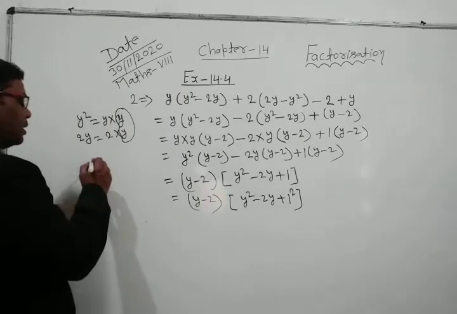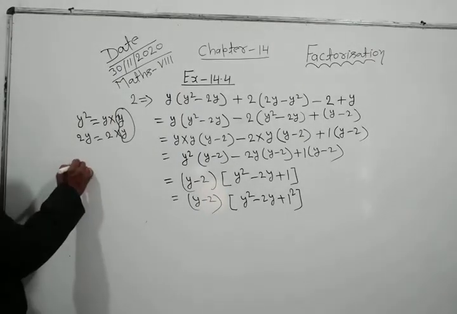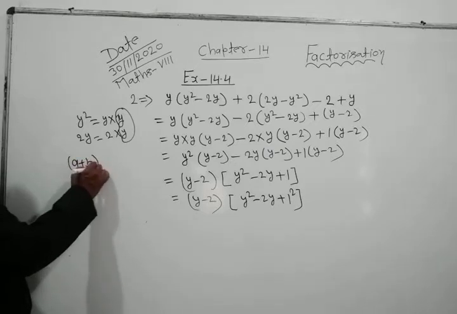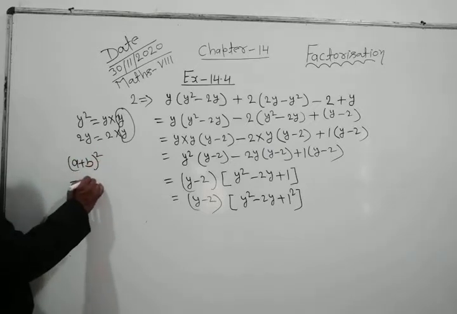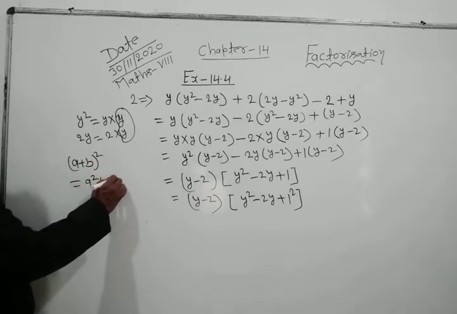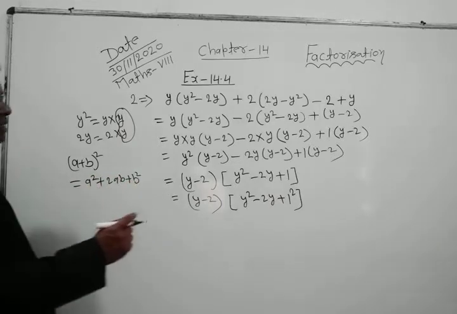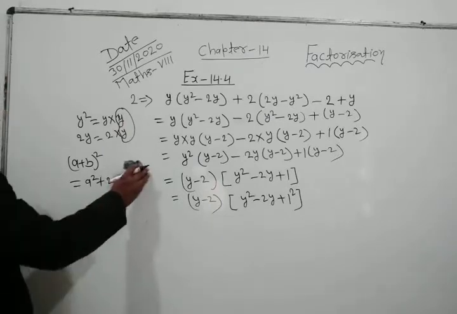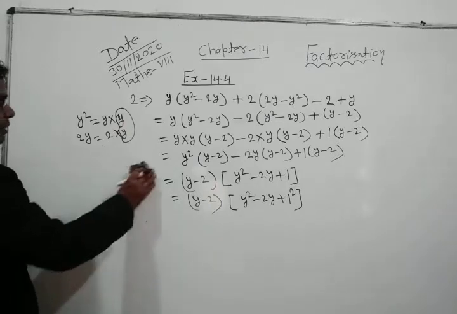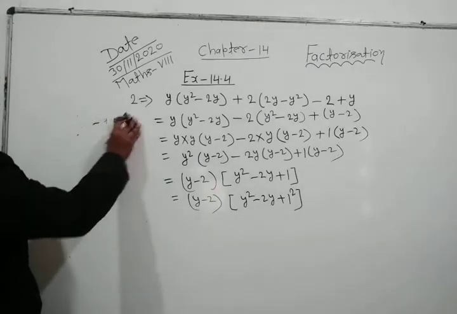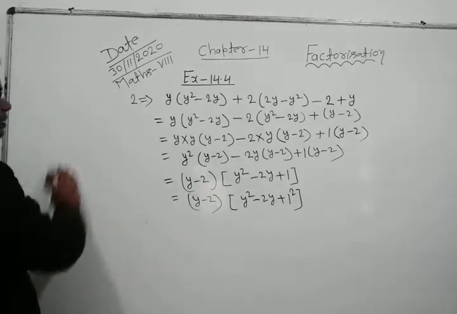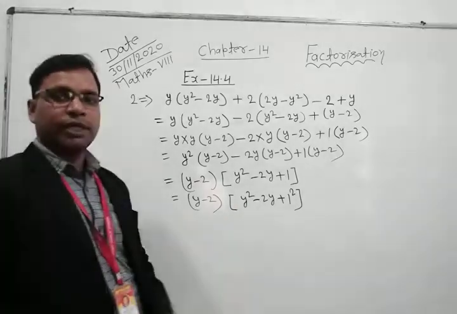This is equal to a square plus 2ab plus b square. This is the first identity. But here the middle term is minus, so we use the second identity.